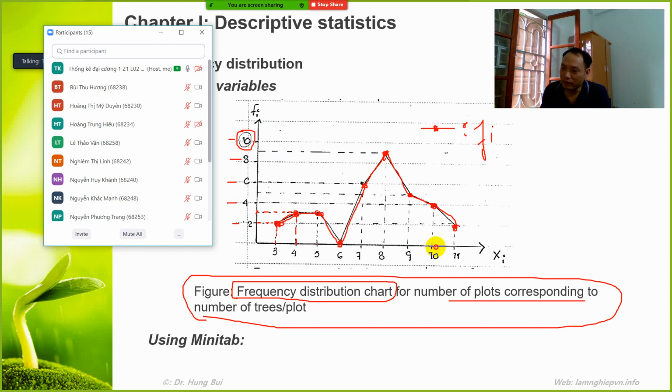So here the trees. Look at here's 10. So if we want to find how many plots, move up and then here. How many? Yes. So how many plots having 4 trees?